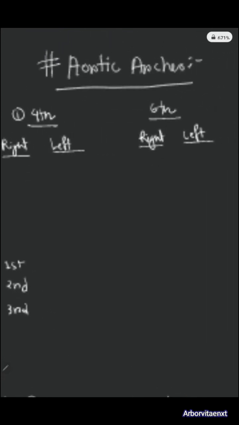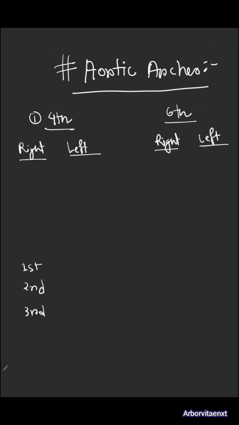There are basically five arches: first arch, second arch, third arch, fourth arch, and sixth arch. There is no fifth arch; it regresses, basically. Let's see the most important arches first, the fourth arch and the sixth arch. They both have right and left sides.